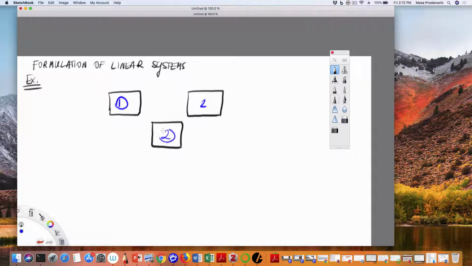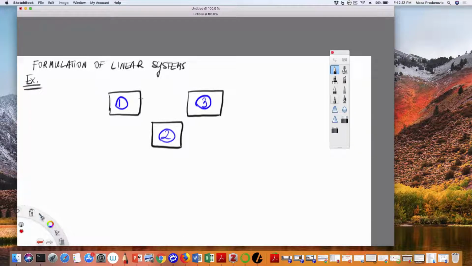Actually, this one is 2, and this one is 3. They're connected, so there are literally tubes going from one to the other. And these are the tubes that exist.